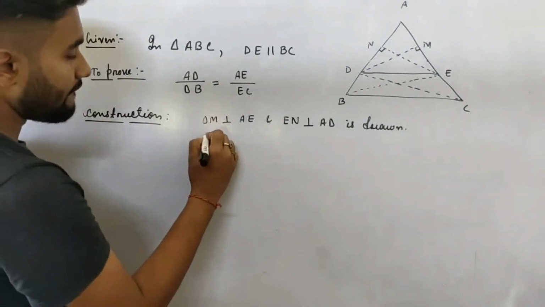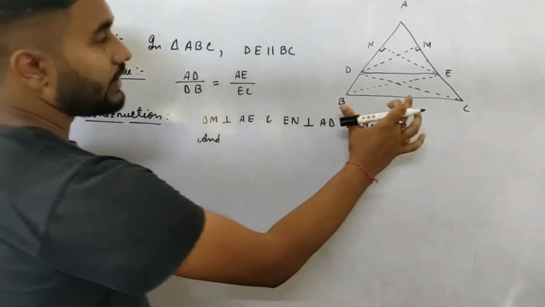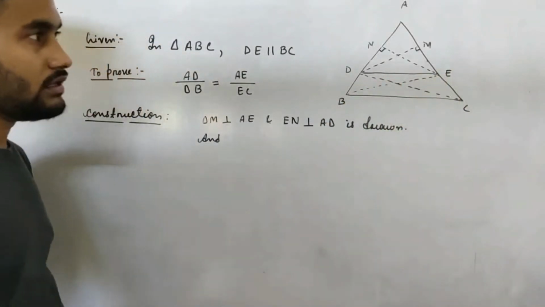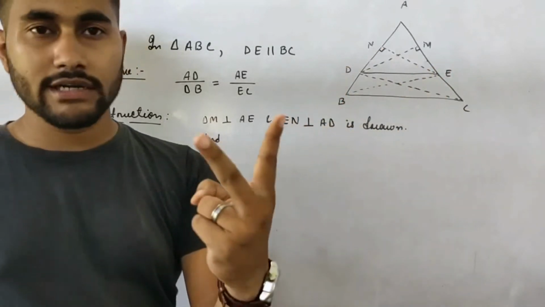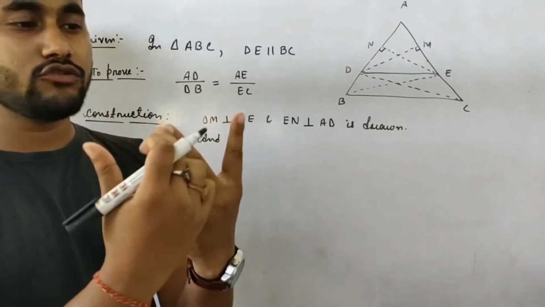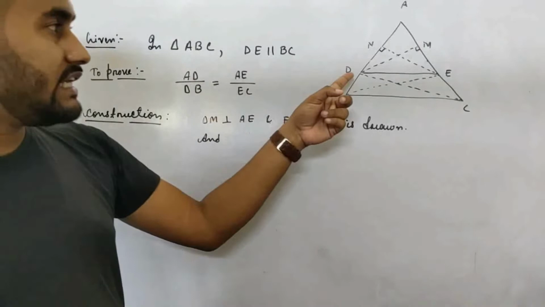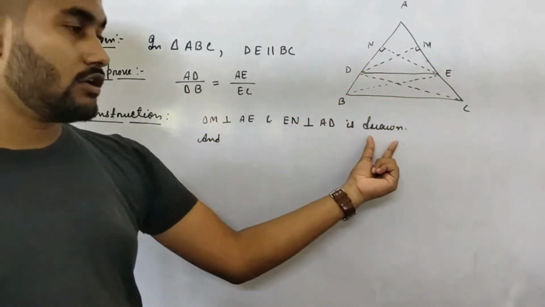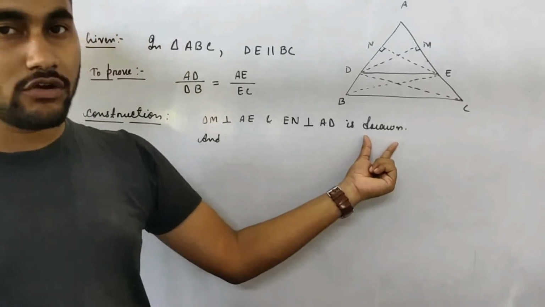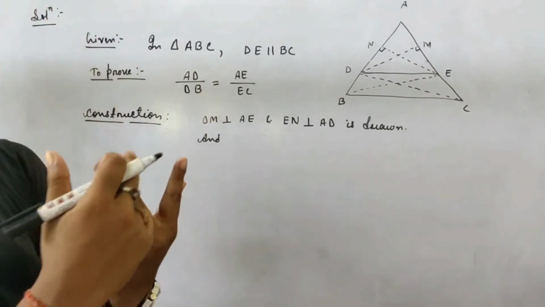And what have we done next? We have joined. This is joining. B point is there, E point is there, both the points are there, and we have joined the line. Over here you see D point is there, but M point was not there, so that's why we have written drawn. That will not be joining. Joining happens when two points are there.